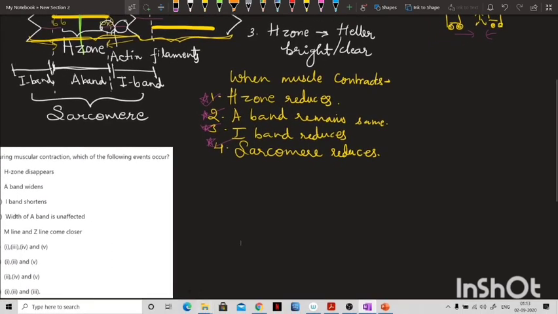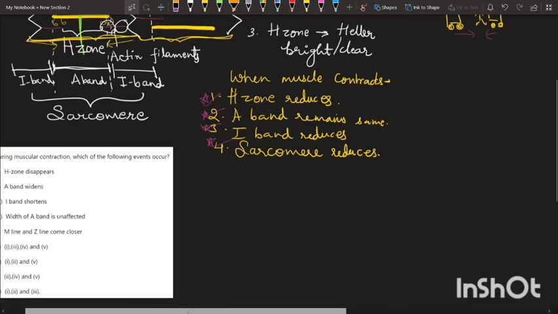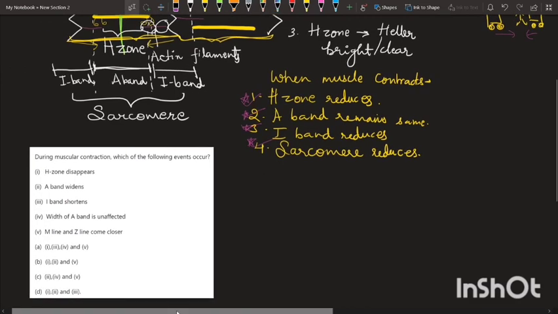Number one is H zone disappears, A band widens, third I band shortens, fourth width of A band is unaffected, fifth M line and Z line come closer.